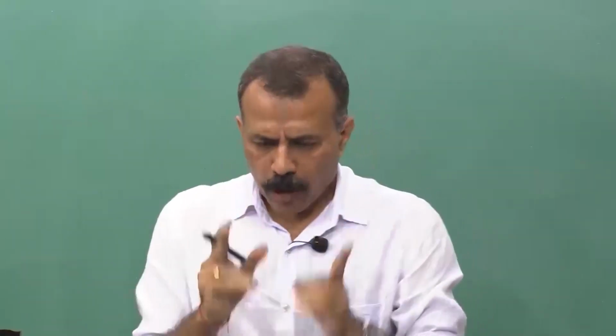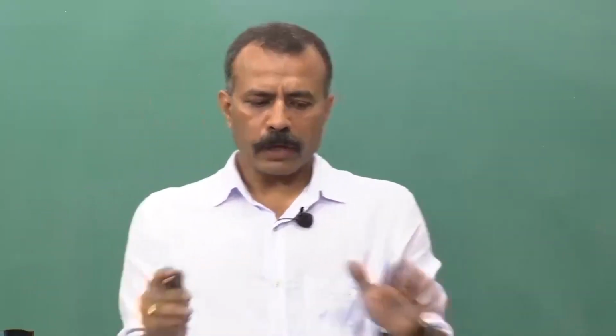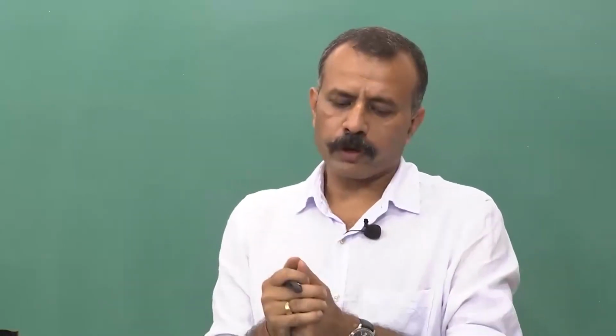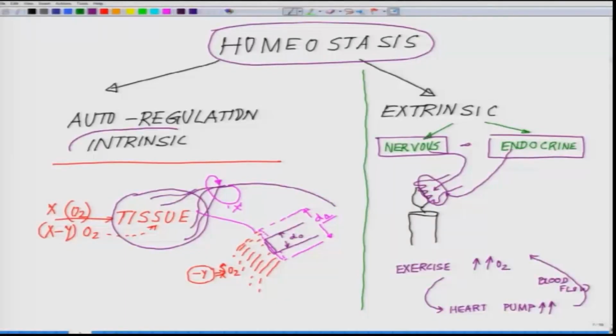Now I have given you two examples, the autoregulation or intrinsic process and the extrinsic process where the nervous system and the endocrine system are controlling it.